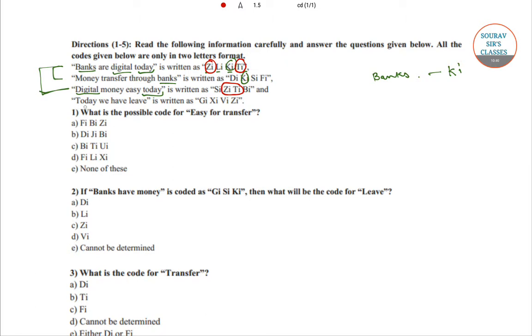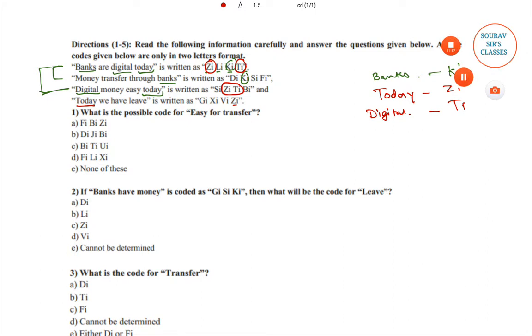But in the fourth sentence, we only have today and not digital, and between ZI and TI, we only have ZI. So, today is coded by ZI and digital is coded as TI.